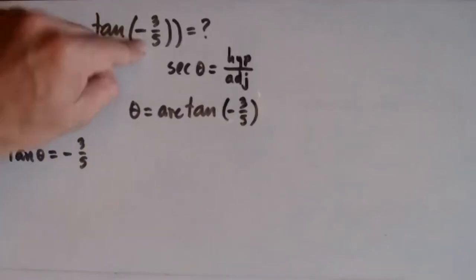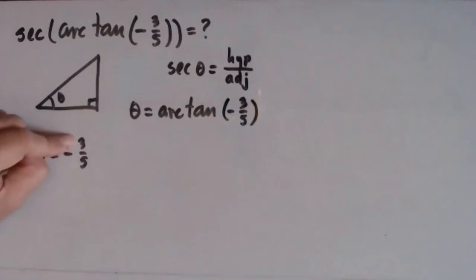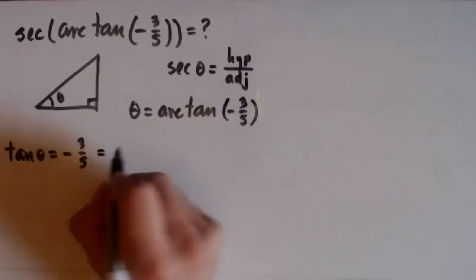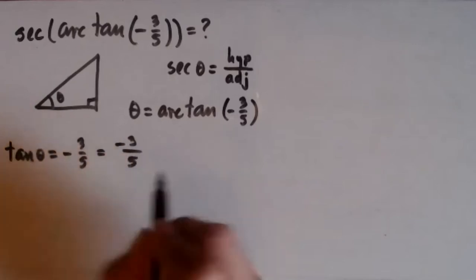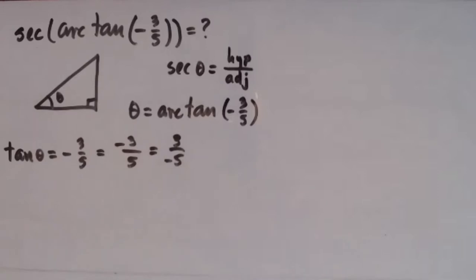I have a negative here, and the negative could be the 3, or the negative could be the 4. So really, I have not this triangle, but a different one. So this could be -3/5 or +3/5. So those are the ones, correct?